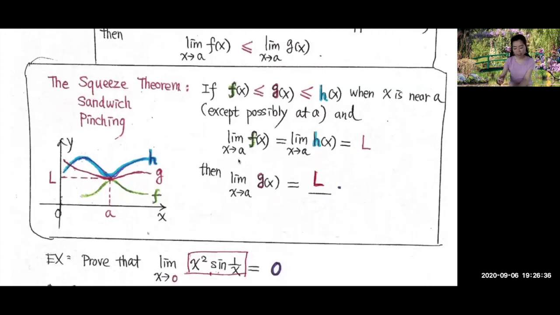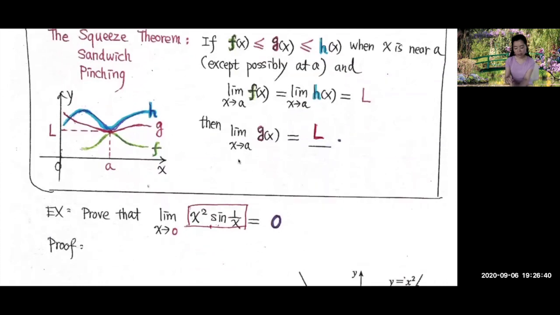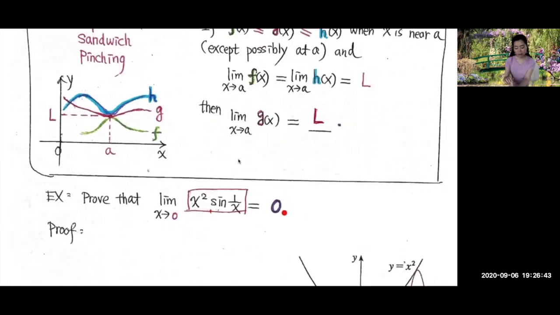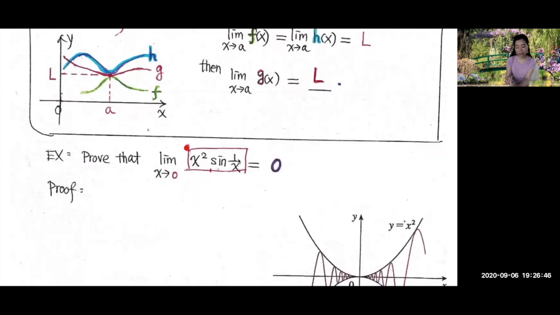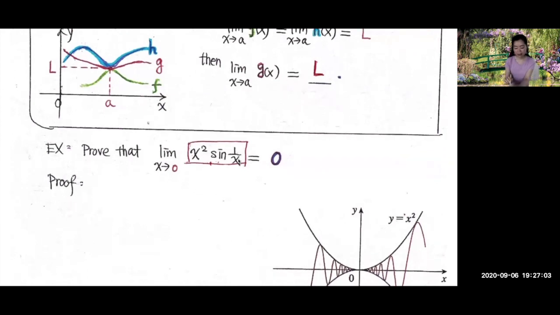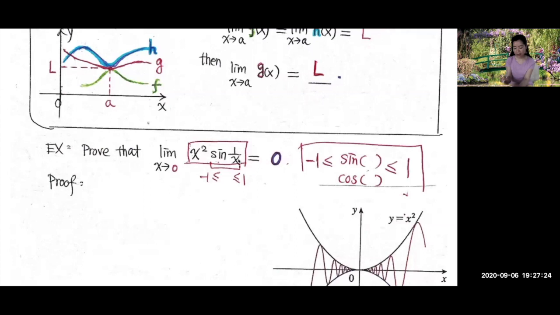We're going to use the squeeze theorem to prove this limit equals 0. To prove the limit of this function equals 0, let's try to squeeze this function. Think about this as the function g. Let's try to squeeze it by a function above and a function below. Can you think of two functions to squeeze this? This function involves sine of 1 over x. Whenever you see sine or cosine, you notice that it is bounded above by 1 and bounded below by -1.